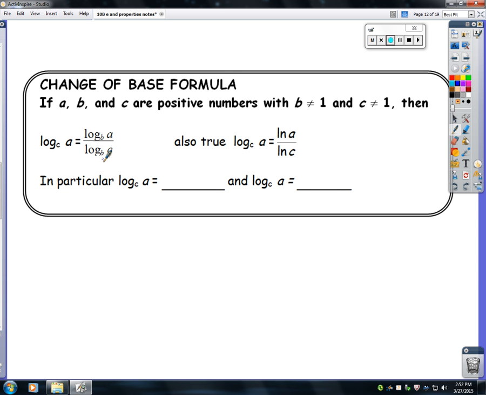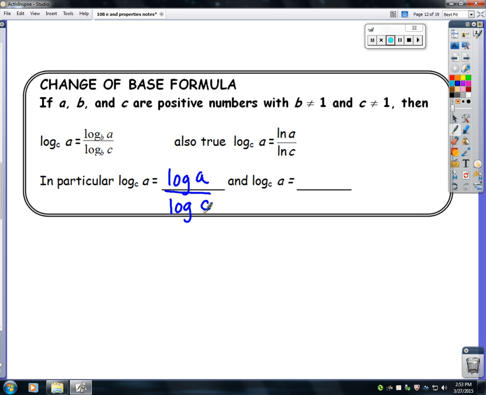What's also true is, if I wanted to evaluate log base c of a, I can go natural log of a divided by natural log of c, because remember, natural log has the base of e. In particular, like I said, we're going to have base 10, so we're going to go log a divided by log c, and it evaluates that expression.